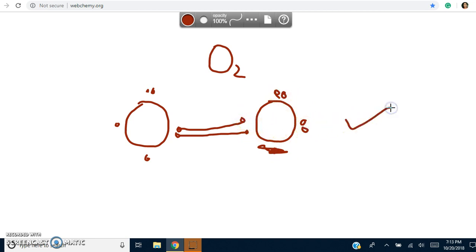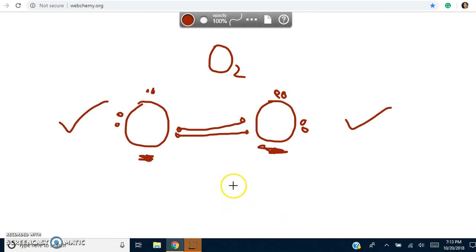So this oxygen is happy. 2, 4, 6, 7, 8. But what we can do is pair these two together. We can put it right here, and you can move electrons around. The goal is to have 8 electrons for them to be stable. So there's 1, 2, 3, 4. A single bond is 2 electrons. So there's 2, 4, 6, 8. So this oxygen is also happy.